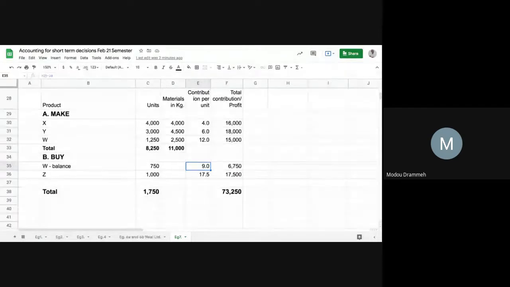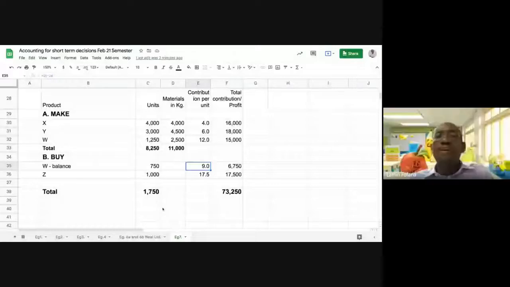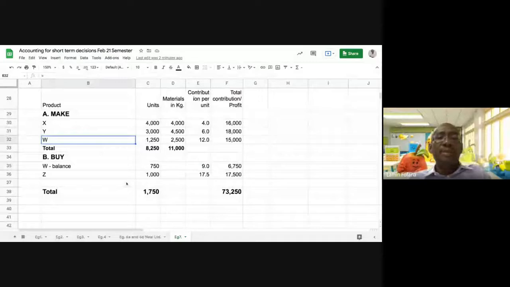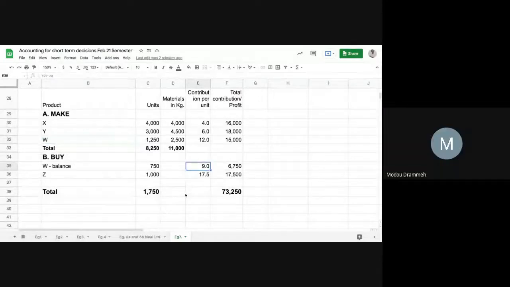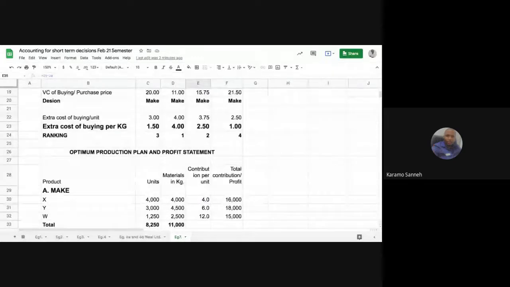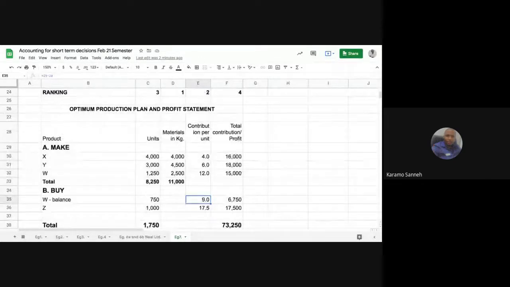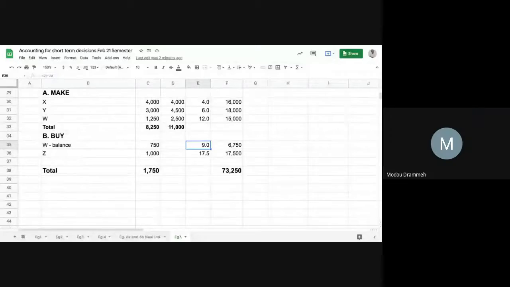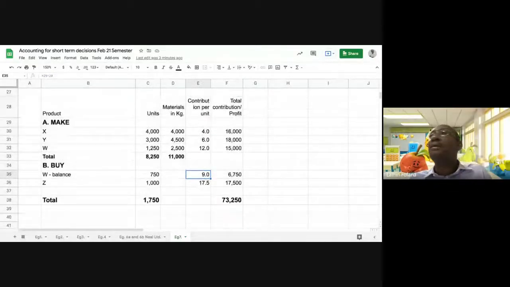So I thought the 12 also apportioned. The 12 cannot be apportioned. The situation is different. This one is making, this one is buying. Okay, no problem. I understand. I think the reason is because it's per unit. That's why 12 cannot be apportioned. Exactly. Okay, thank you.